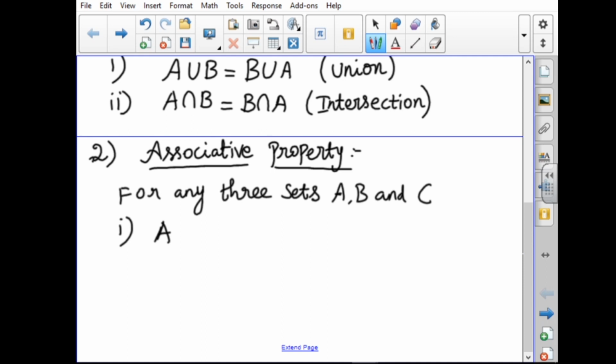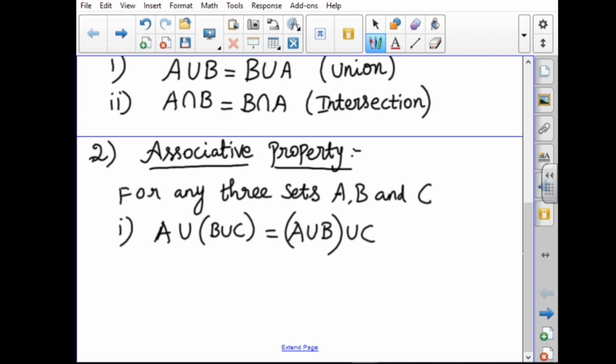First one is union and the second one is intersection. So (A union B) union C is equal to A union (B union C). This is for union.